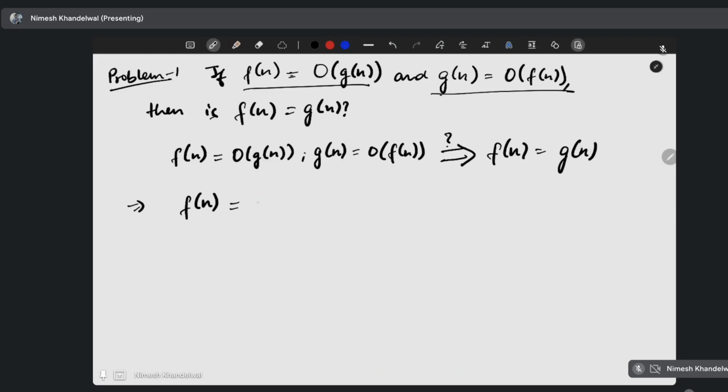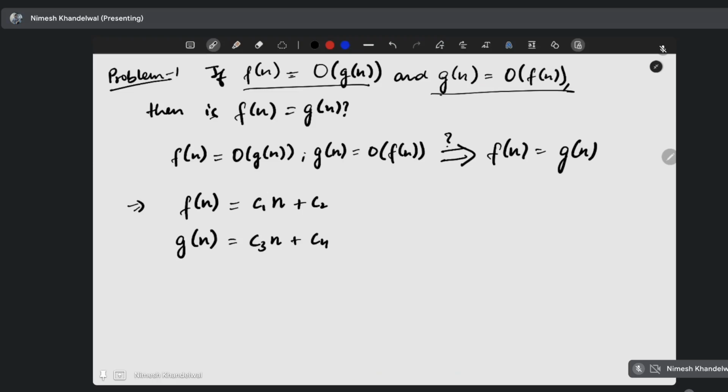Let's keep it general, so c1 n plus c2, like we are taking the simplest case, and then g of n is c3n plus c4.